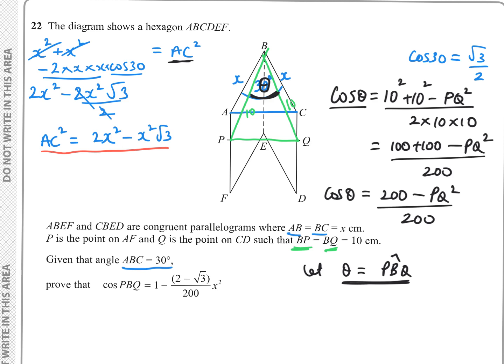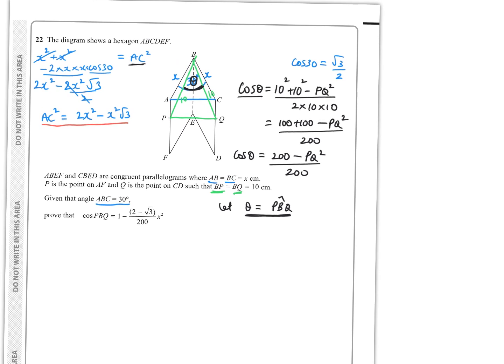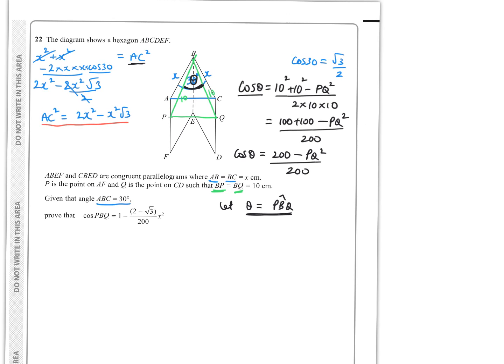Now, we're lucky because in this diagram that we've got, AC and PQ are on the same horizontal and they're the same length. So we can use that fact. So if we just look at this here, we can write it as cos PBQ now is equal to 1 minus PQ squared over 200.